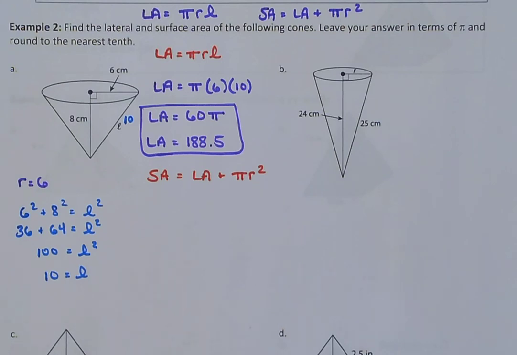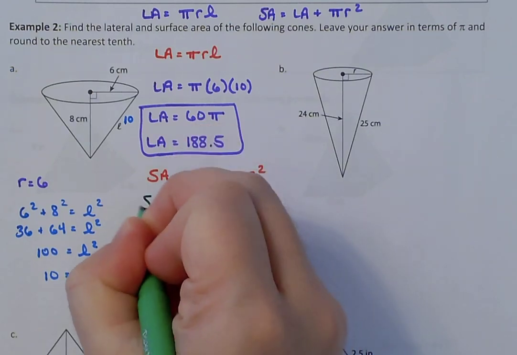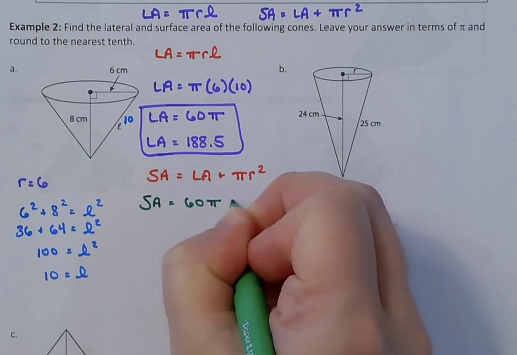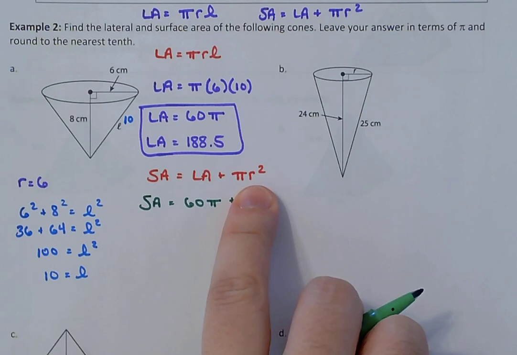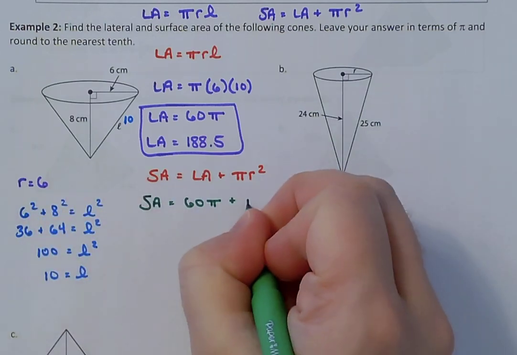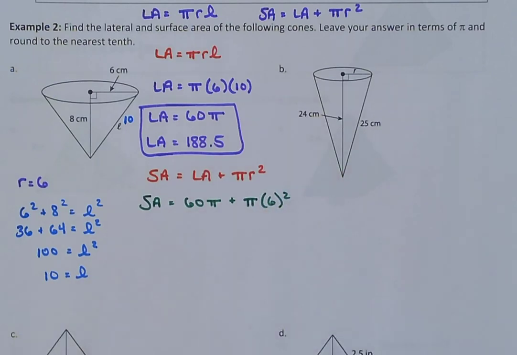Now, we know our lateral area to be 60 pi. And we know our radius for the pi r squared is 6. So this is going to be pi times 6 squared.